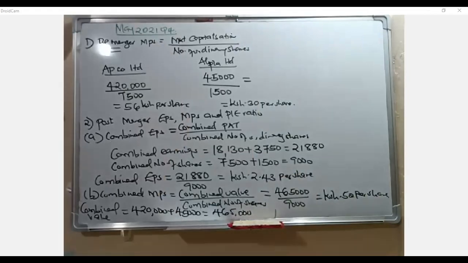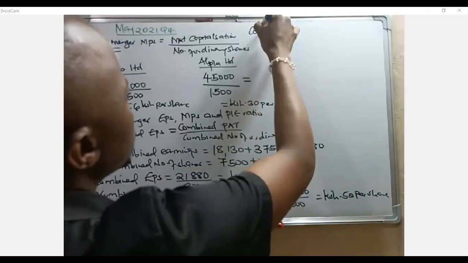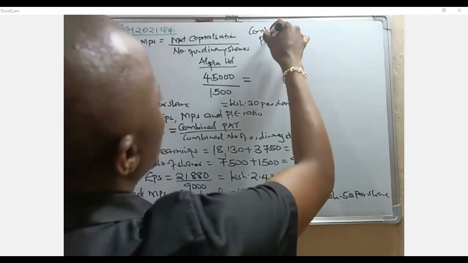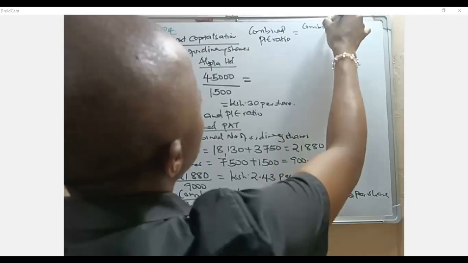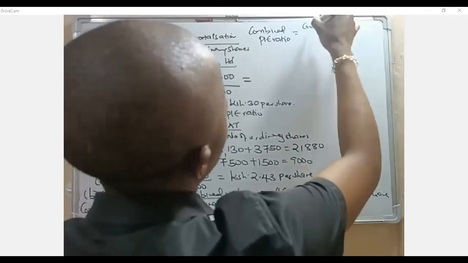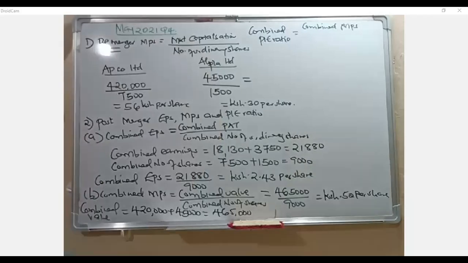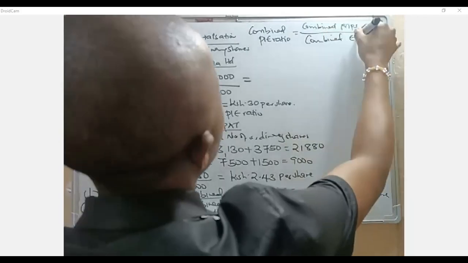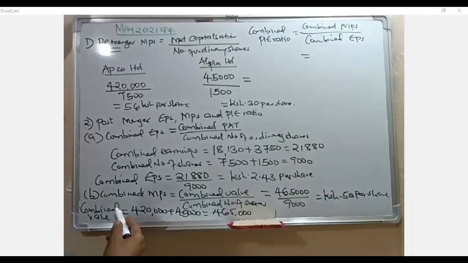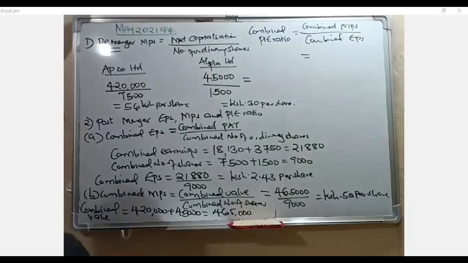Now, we are looking at the combined PE ratio for both companies. To get it, let us take the combined market price per share and divide by the combined earnings per share. The combined market price per share we have already gotten: 52 shillings per share.